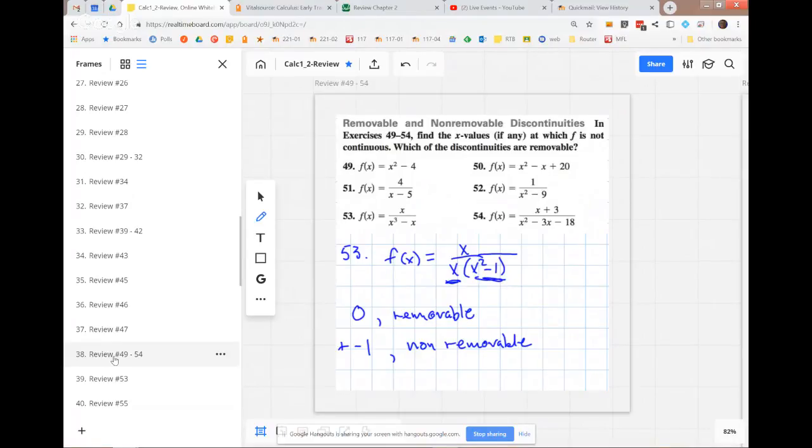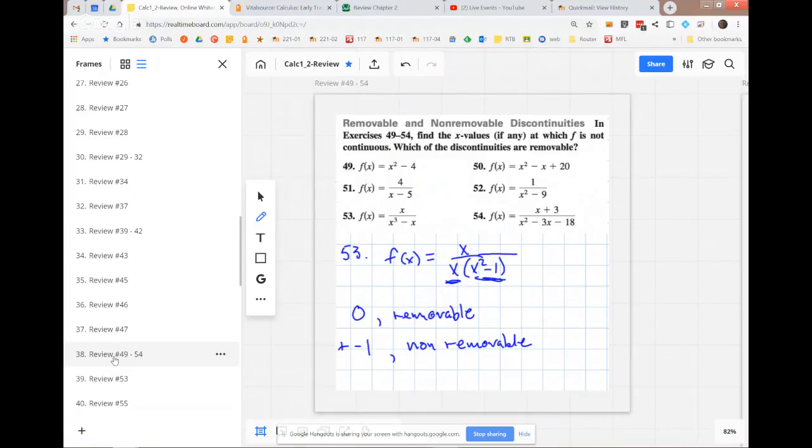Okay, why is that removable? I'm going to wait for an answer on that one. Which part is removable? Same as the x, so you can cross out the x's. Because you can cancel. That's correct.